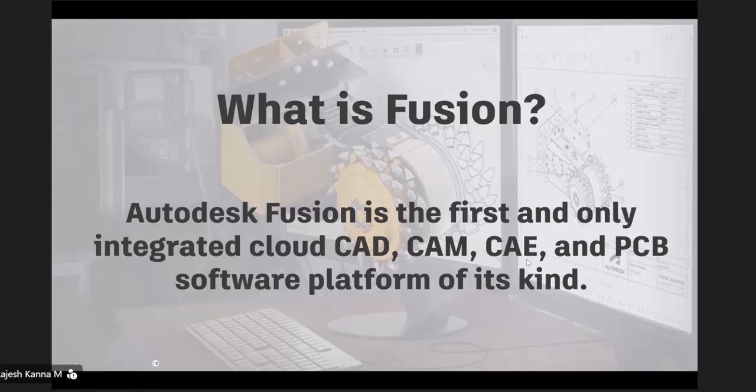From computer aided engineering, we also have a simulation portfolio within Fusion, where you can analyze your part, such as stress analysis, thermal stress, buckling, modal frequency, or injection molding. Some kinds of simulations are available from CAE, and it also comes with PCB board design.